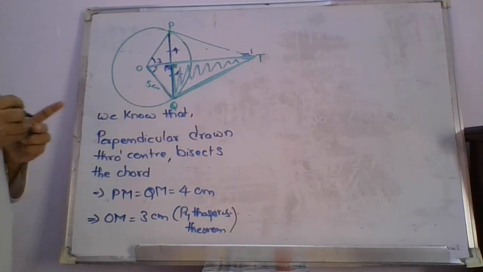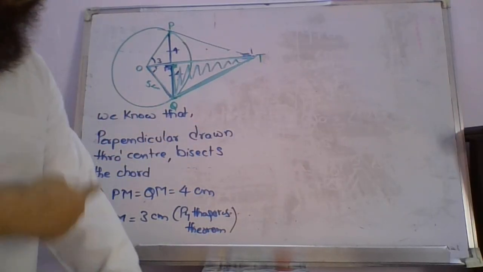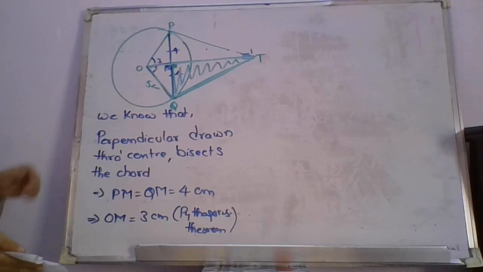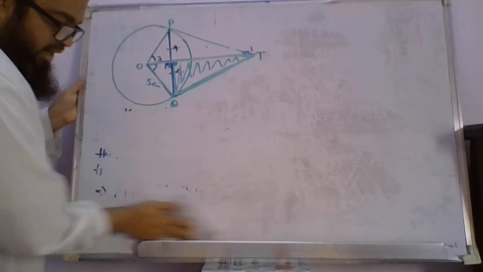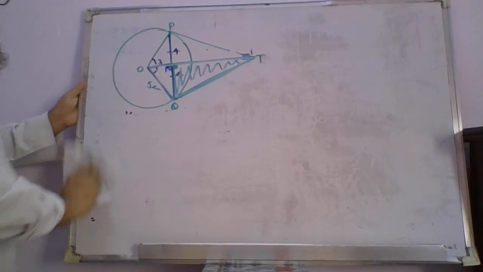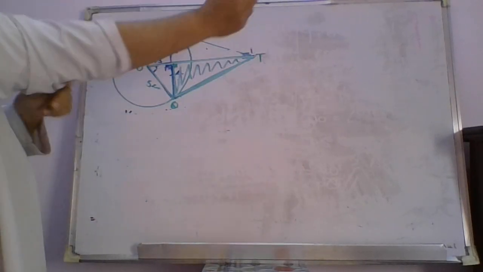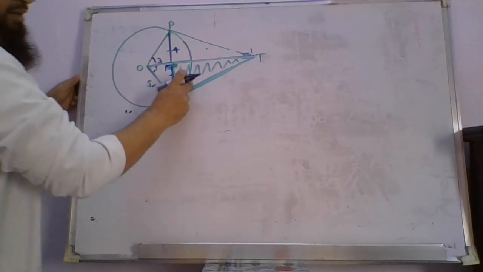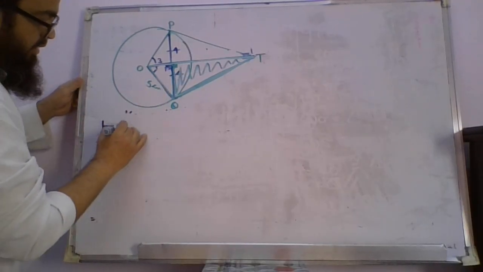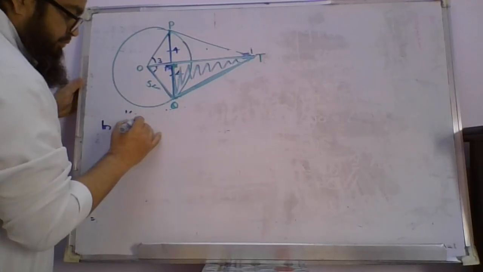Is it right? So this is our third step. So second step, please remember, and I'm going to rub it because there is no place. So after this, what you do? You just take now in bigger triangle OQT. Let me take smaller triangle, in triangle QMT.